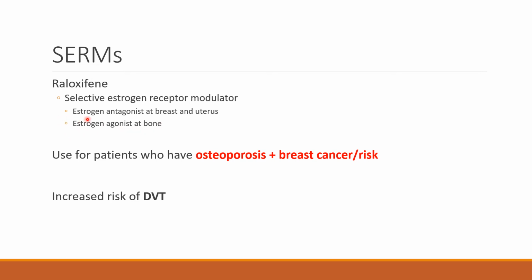But also, because it is an antagonist at breast and uterus, we use this drug for patients who have osteoporosis but also concomitant breast cancer or increased breast cancer risk. But please remember that it increases DVT because it is a SERM. It's straightforward.